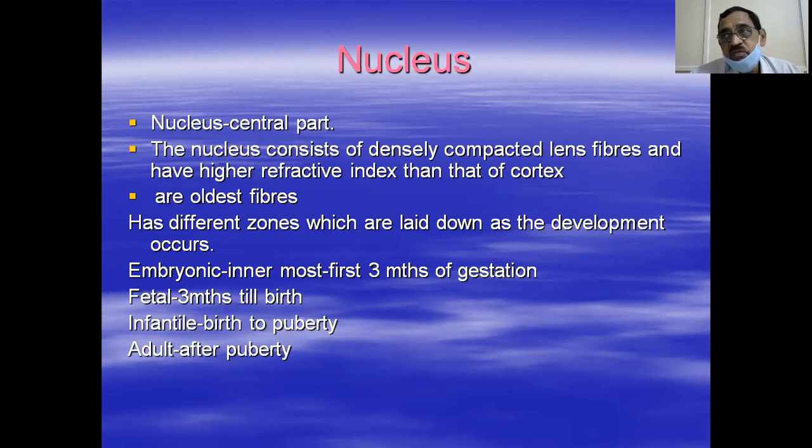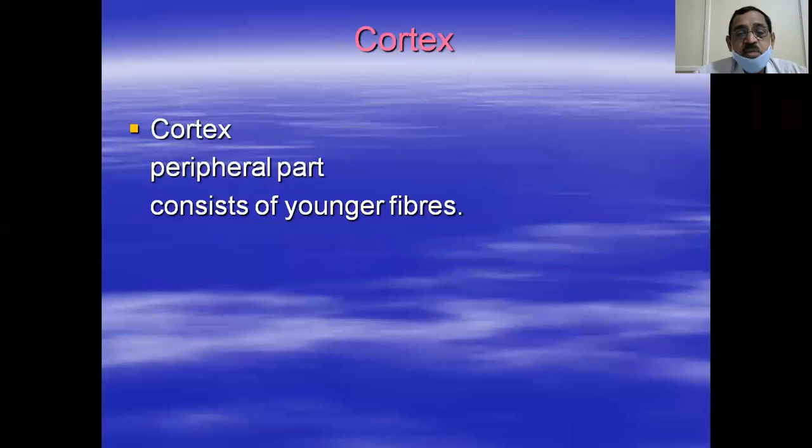And after puberty, the lens fibers go on forming till the end of life, and these form the adult nucleus and also the cortex. The cortex, the peripheral part, consists of the youngest fibers.